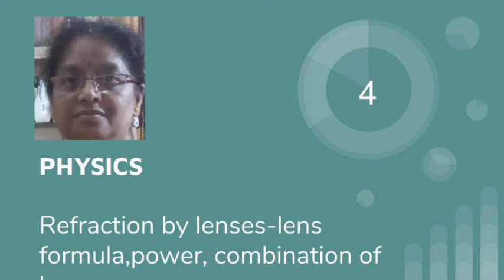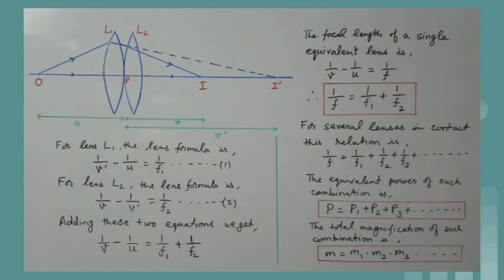For practical purposes, as in designing lenses for optical instruments like telescope, microscope, camera, etc., combination of lenses are required for better performance. So, we consider the combination of lenses and its effect.